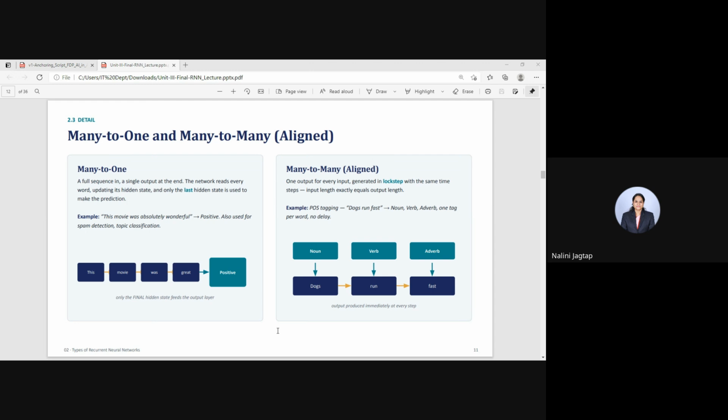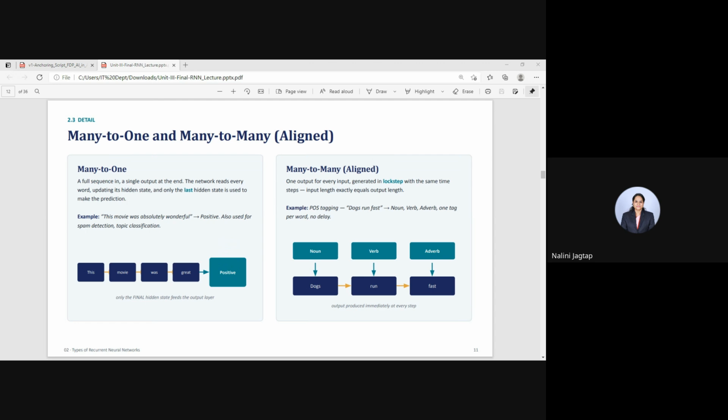So dogs is a noun, run is the verb, and fast is the adverb. For every token, every word, I get an output, with the input length exactly equal to the output length and no delay between reading a word and tagging it. This is how many to many aligned works.